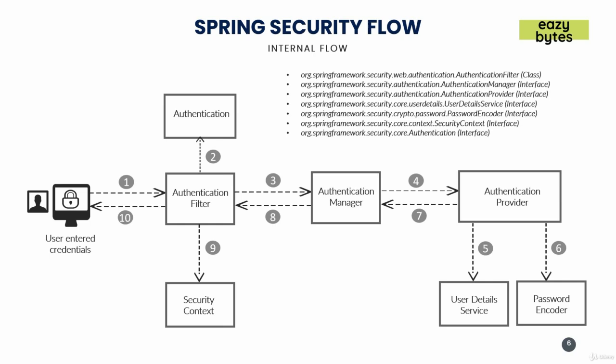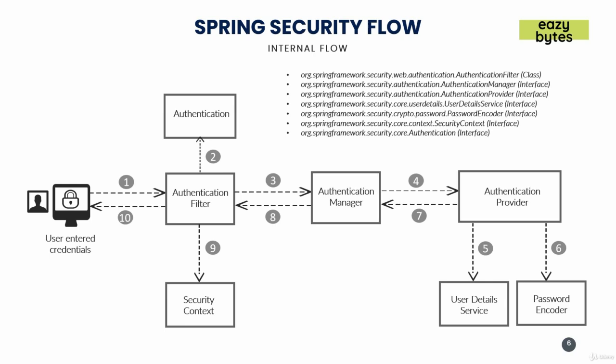UserDetailsService is the interface which holds the user schema, like how my user details should look. There might be a scenario where my user will have username, password, OTP, multi-factor authentication. All that schema I will identify under my user and UserDetailsService. PasswordEncoder is the interface which tells how my passwords have to be encrypted, encoded and decrypted while validating them.